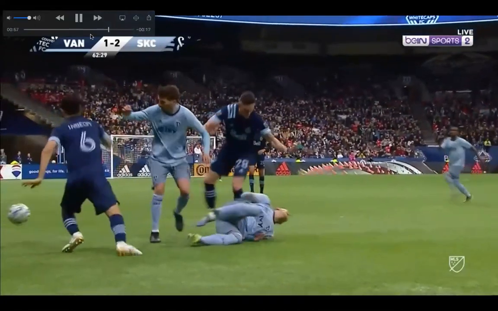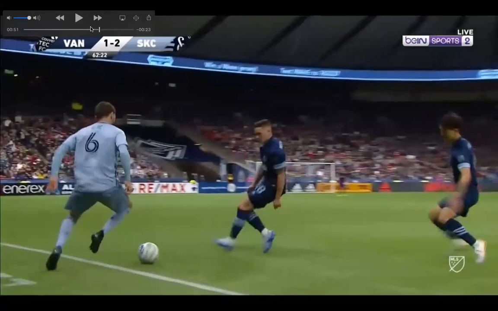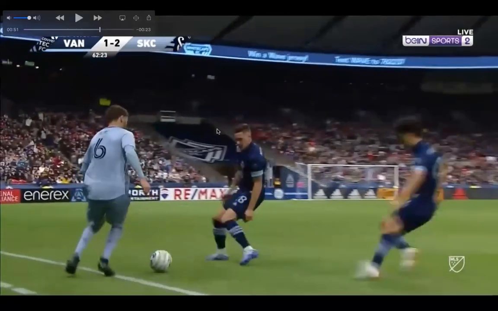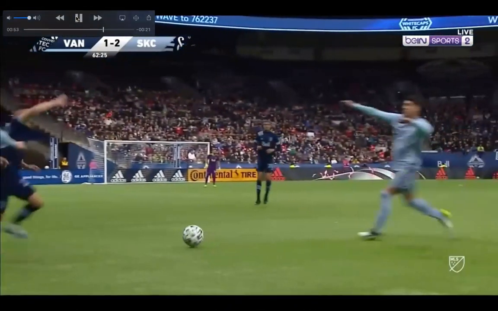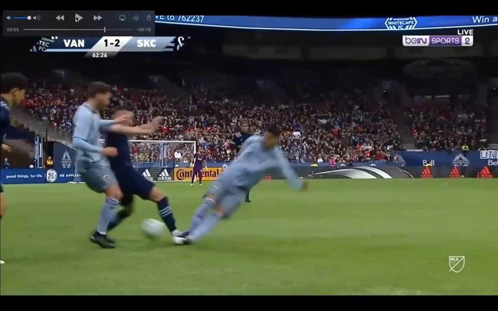Okay. All right. So for those of us that need a little bit of focus on what we're looking for, we're going to be worried about this player right here. Right there.